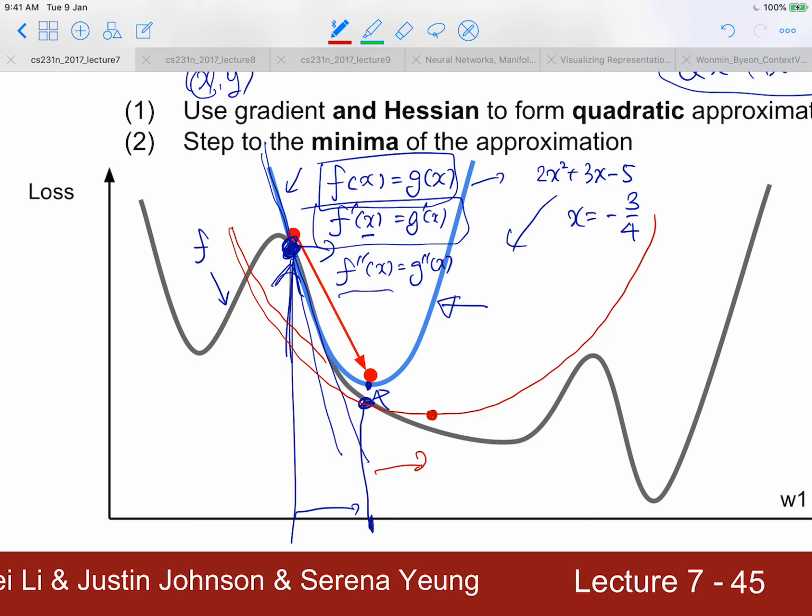But to obtain this second order polynomial as our approximation, it actually involves the second order derivative of our given function. So at this point, what we did was to have the function value itself, and then we computed the gradient, which is the first order derivative with respect to each individual variable that we have, right?